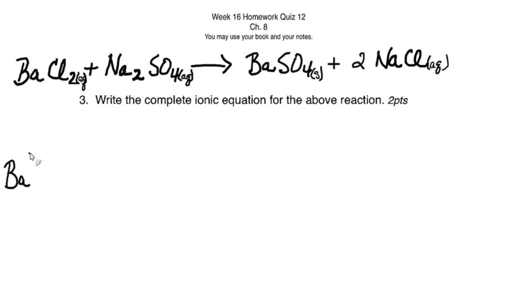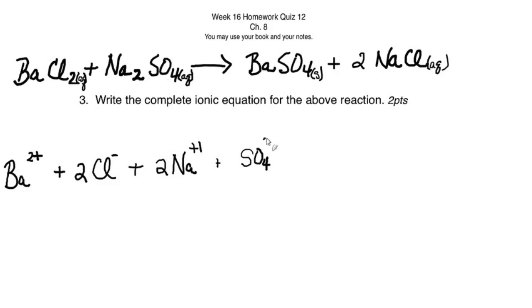So we have barium, which we've already established is a +2 because it's in group 2, plus 2 chlorines with a -1 charge because chlorine is a group 7 element, plus 2 sodiums, each has a +1 charge, plus the SO4 ion, which has a -2 charge. Okay, and all of these are dissolved in solution at this point, so they're aqueous.